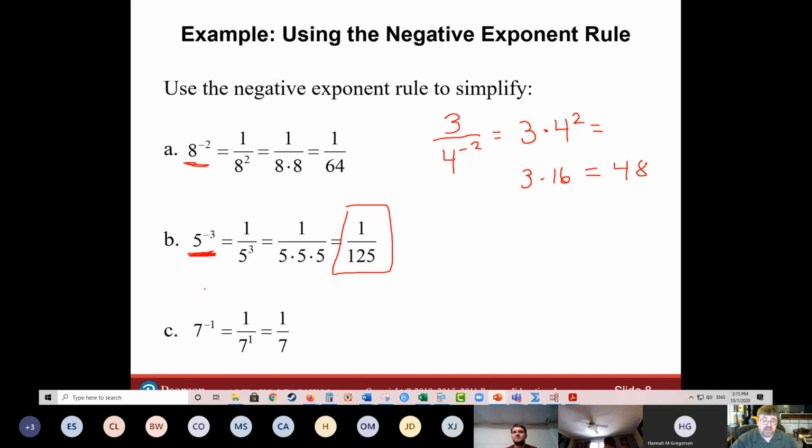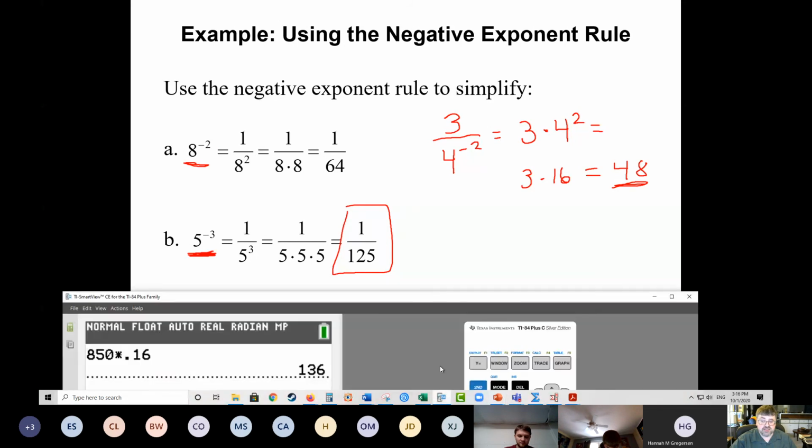If you're working with negative exponents like these, your answers will be fractions, or sometimes they might work out to be a natural number like 48. They will not include a decimal. Your answers should be written as fractions.